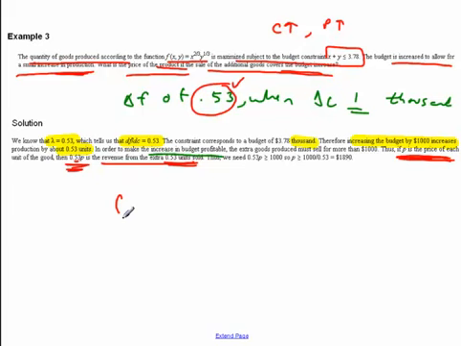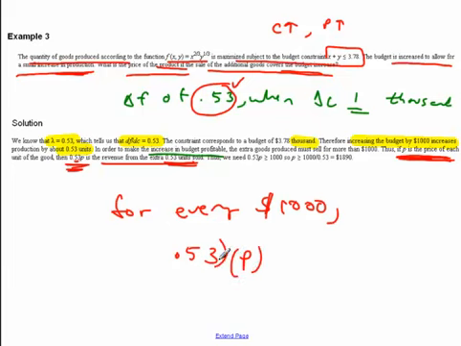So therefore, for every $1,000, 0.53, which is the amount of additional production, times the price that we get from each product, this value must be greater than the $1,000.